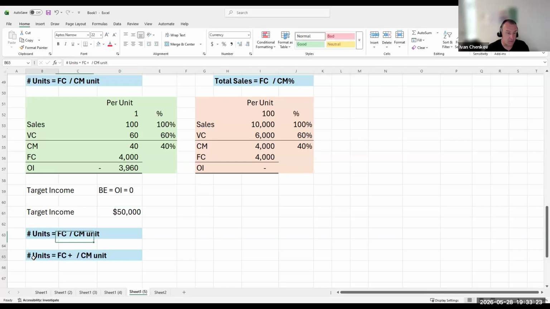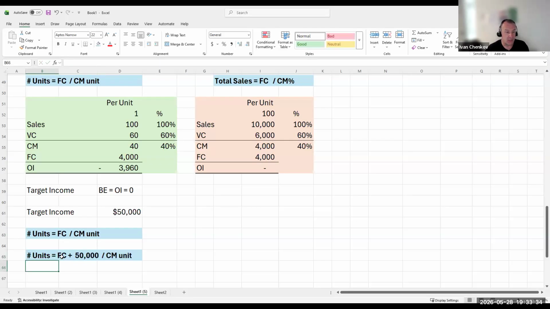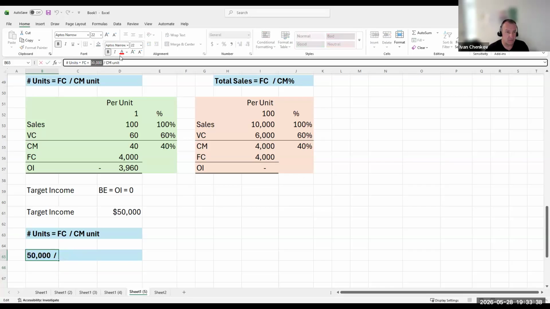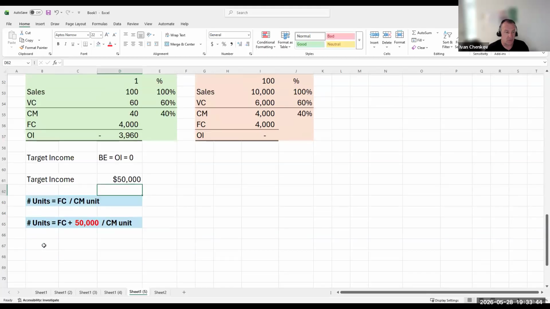If I add what I want to achieve, this 50,000, to my fixed cost and run the calculation, I'm going to get the number of units that I need to sell in order to achieve 50,000. Now I can say, okay, but we don't believe you. Let's try this one. Okay, let's run the calculation.